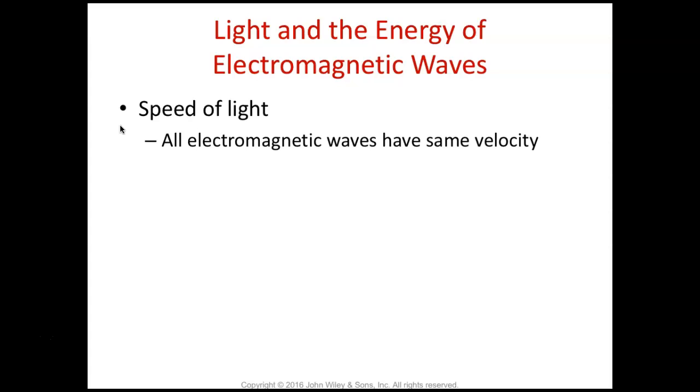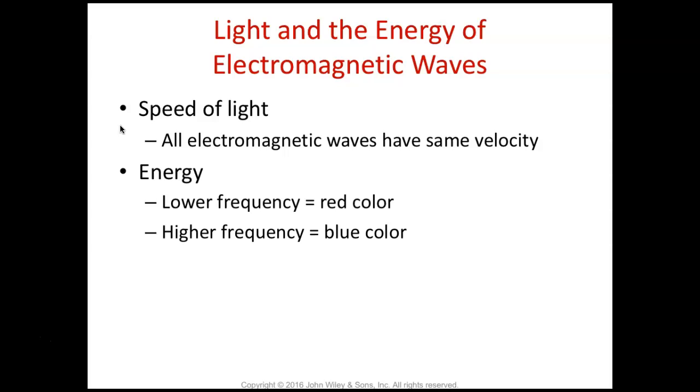So basically, all electromagnetic waves have the same velocity. It's the speed of light, but they won't all have the same energy. And in fact, what we can see is that lower frequency is going to have a red color, and higher frequency will have a blue color.